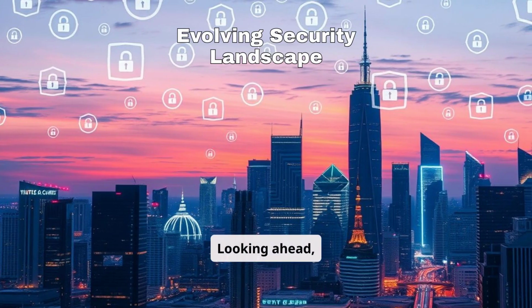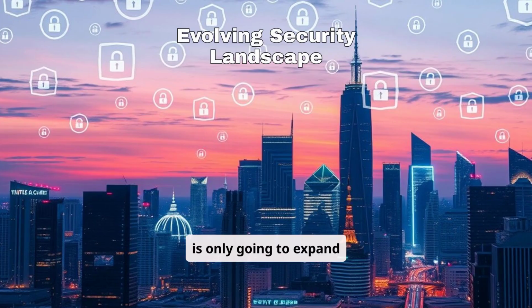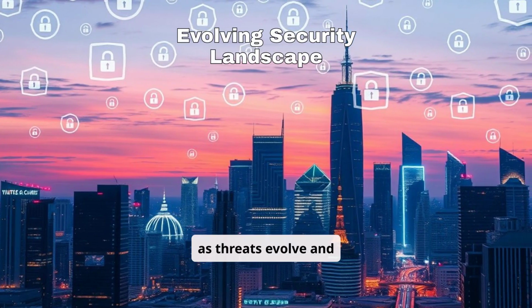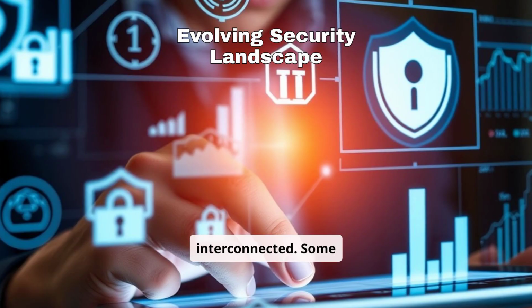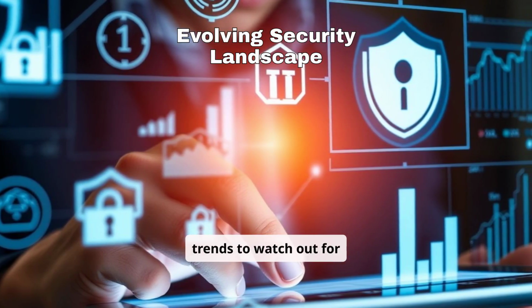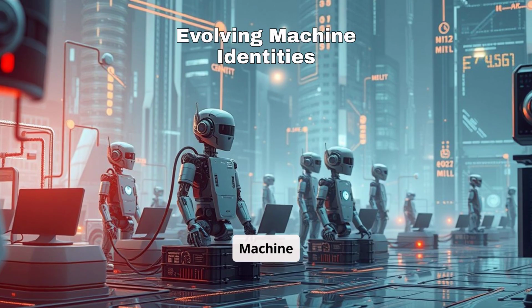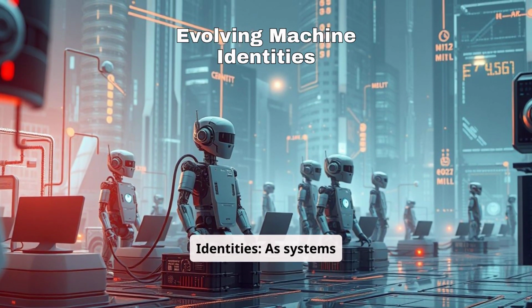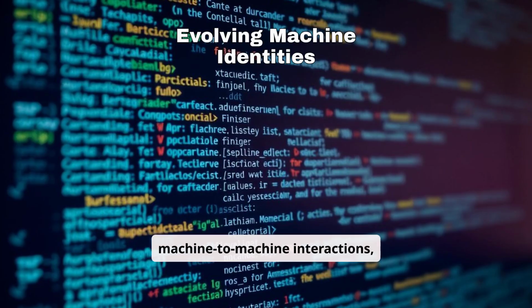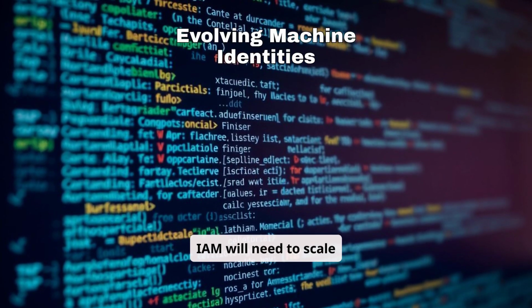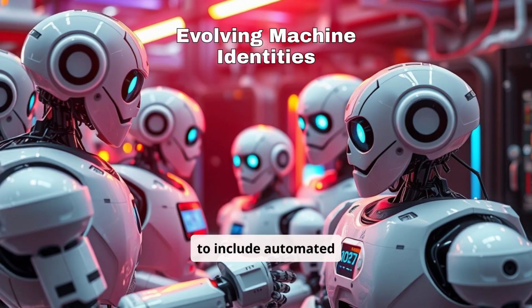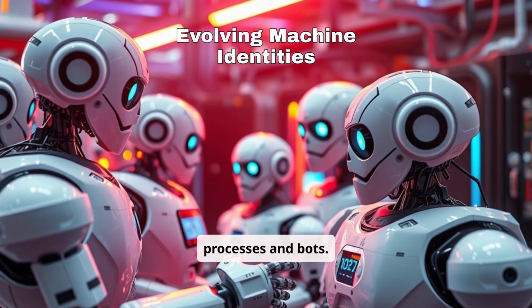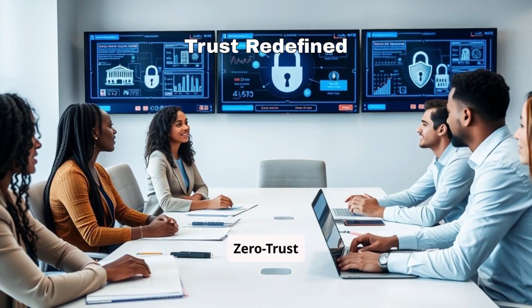Looking ahead, IAM's role in security is only going to expand as threats evolve and systems become more interconnected. Some trends to watch out for include machine identities. As systems rely more on machine-to-machine interactions, IAM will need to scale beyond human usernames to include automated processes and bots. Zero trust models.